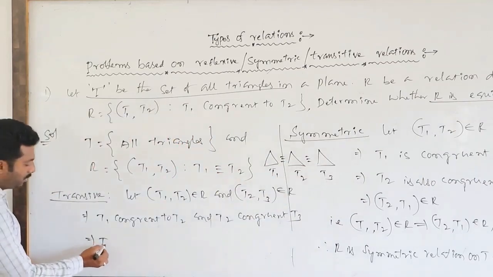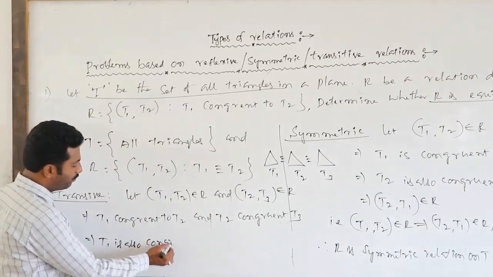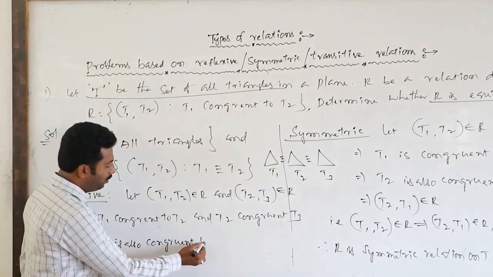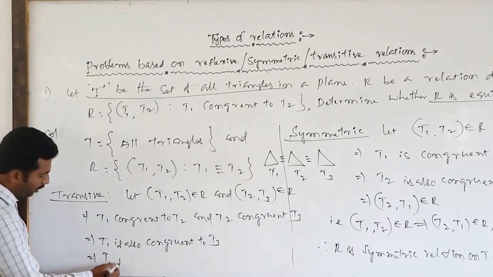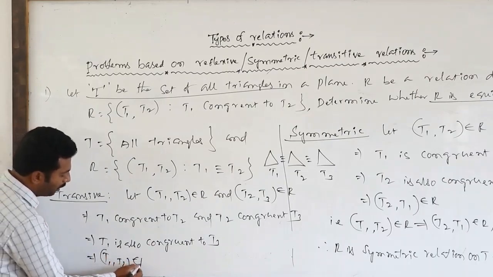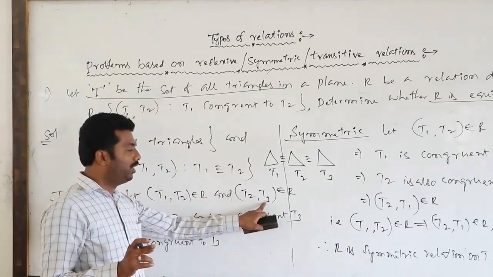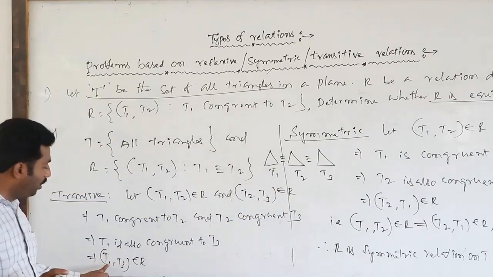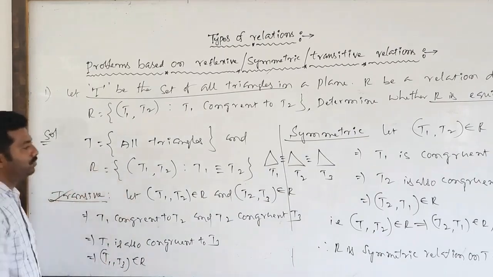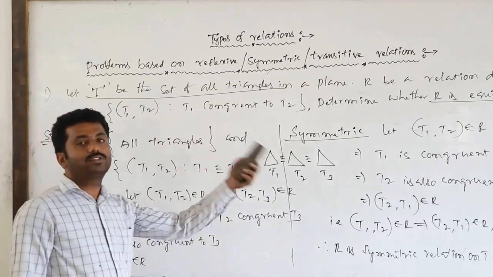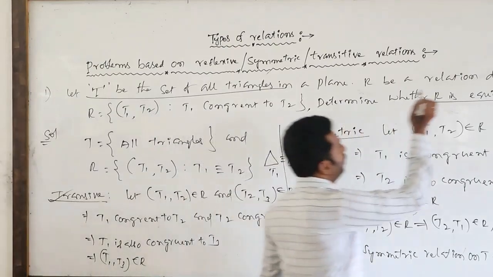So from this, (T1, T3) belongs to capital R. What is our assumption? (T1, T2) belongs to capital R, (T2, T3) belongs to capital R. Then what we proved? (T1, T3) also belongs to capital R. So capital R is also transitive. So capital R is reflexive, symmetric and transitive. Hence capital R is an equivalence relation.